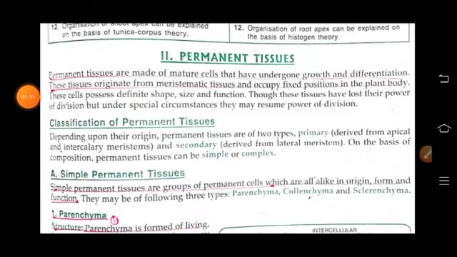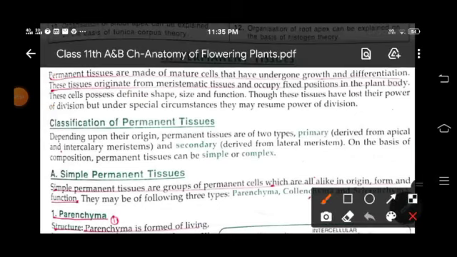Now permanent tissues are made up of mature cells that have undergone growth and differentiation. These tissues originate from meristematic tissues and occupy fixed positions in the plant body. These are definite in shape, size and function.